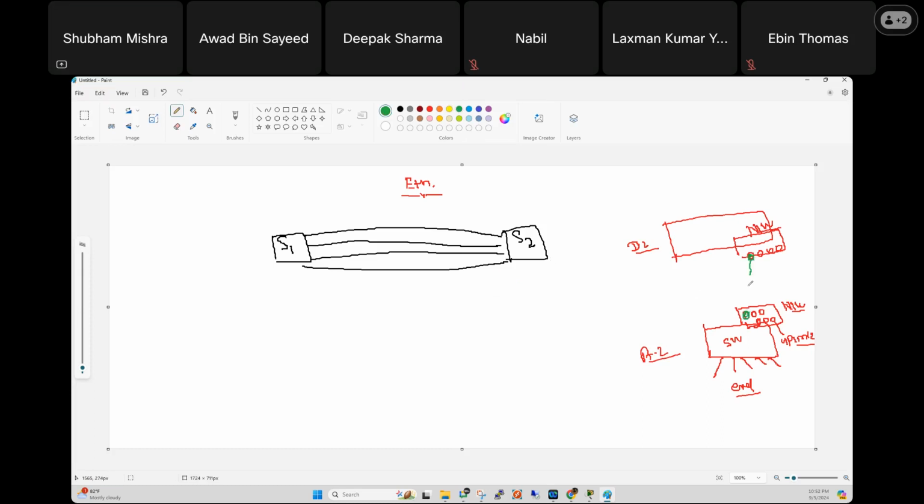A fiber cable is connected. Let's suppose 4 fiber links are connected here. Getting my point, everyone?